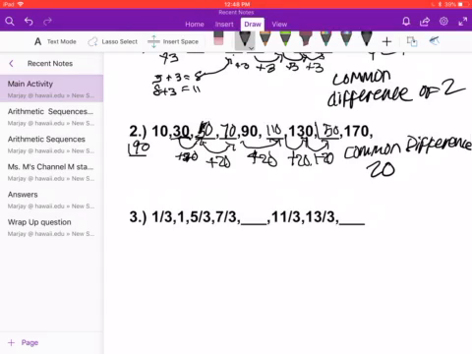Okay, so what is the common difference? Remember, all of us love math here. So show me that energy. So 1/3. How did we get from 1/3 to 1?